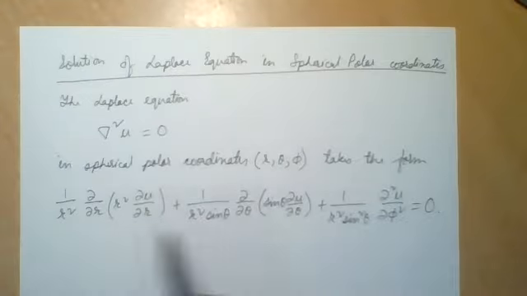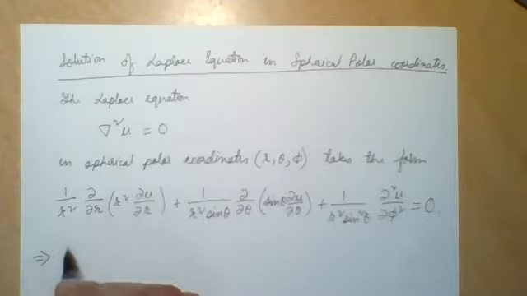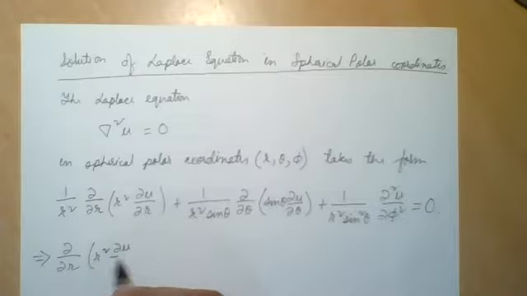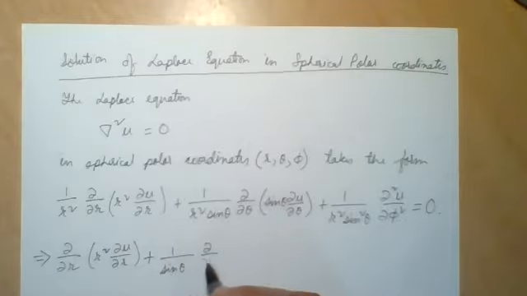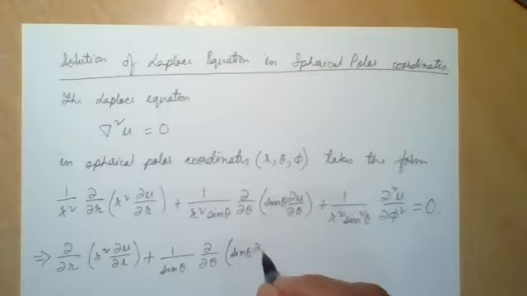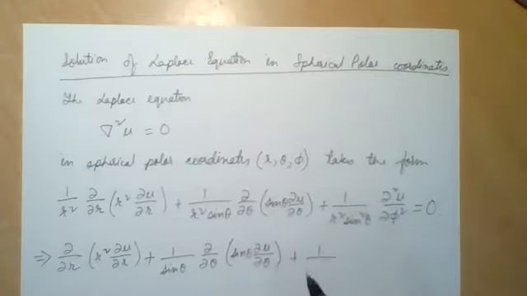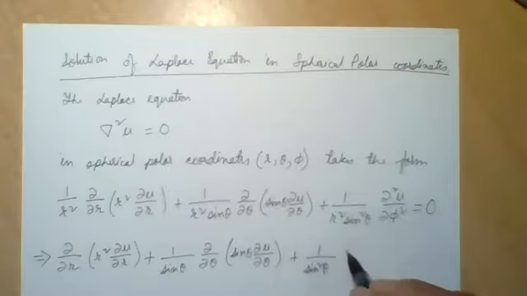Okay. Now I multiply both sides by r square so that this balances. So this implies dou by dou r of r square, dou u by dou r, plus 1 by sin theta, dou by dou theta of sin theta, dou u by dou theta, plus 1 by sin square theta, dou 2 u by dou phi square.